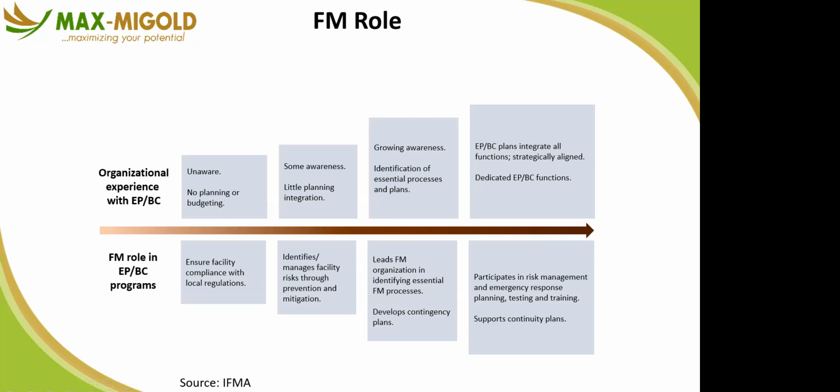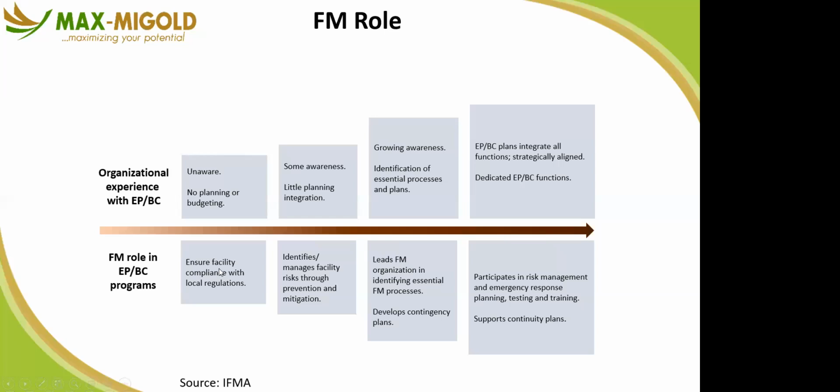If there is some level of awareness, so there's little planning integration into the overall strategy for the year or for the business agenda for the year, as a facility manager, you should be able to identify and manage the risks through prevention and, of course, mitigation.